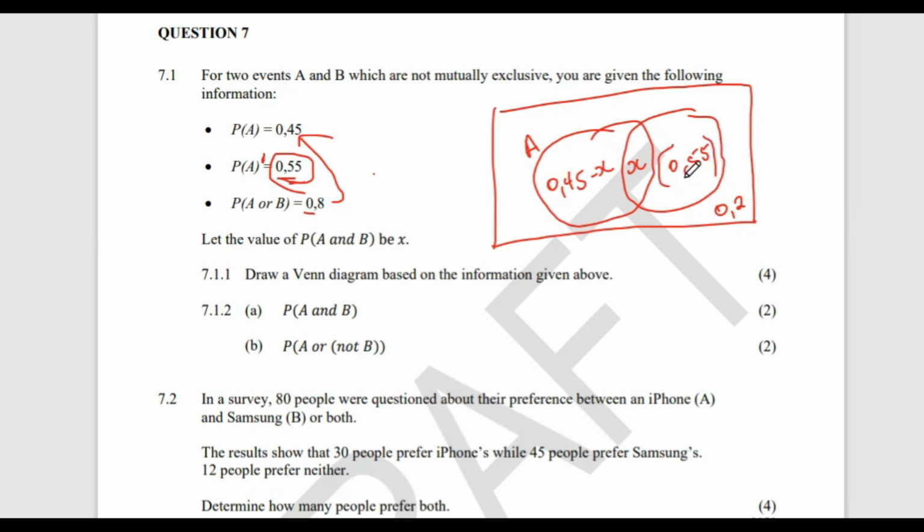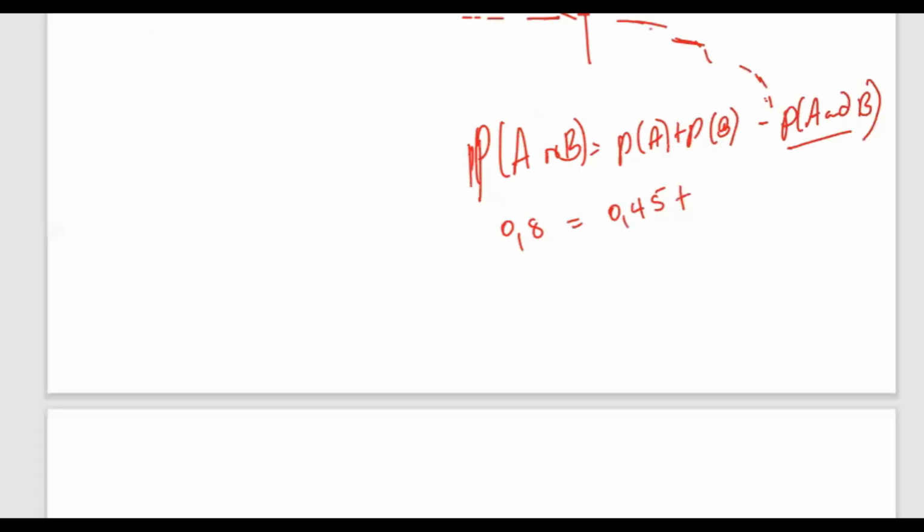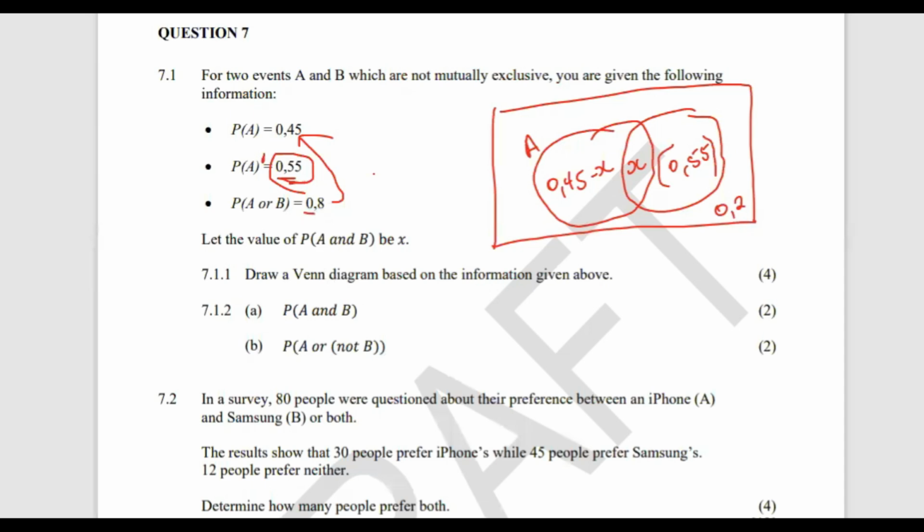So I'm going to say 0.55 plus X. But then the intersection part is not going to make sense, because it feels the whole of this is 0.45.